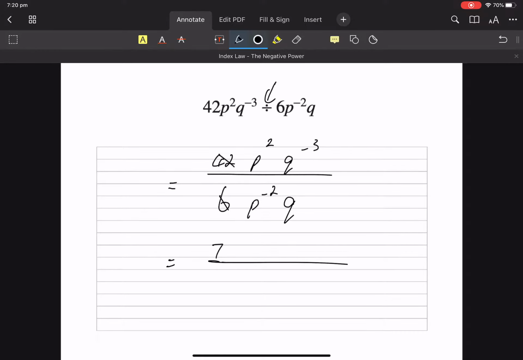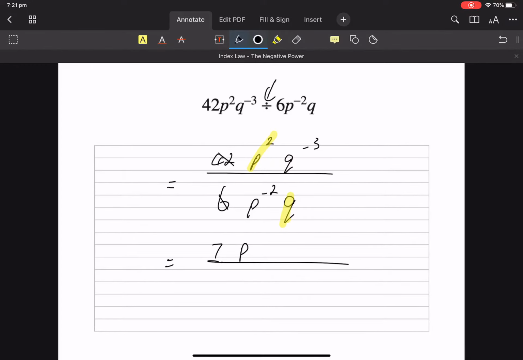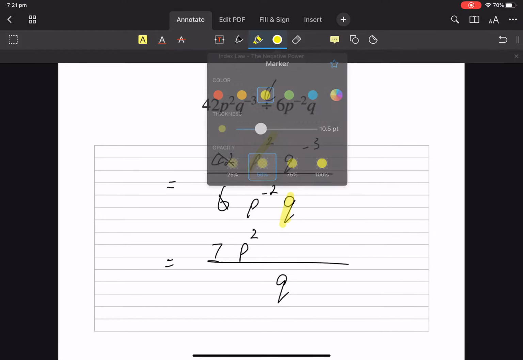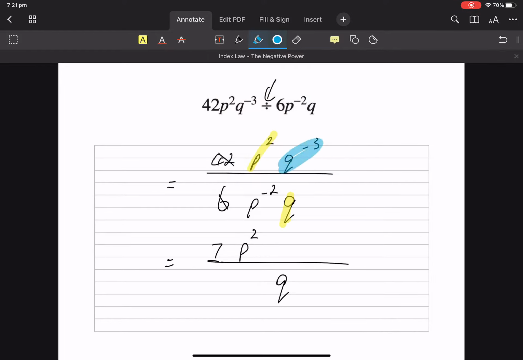Let's just write the letters in that aren't changing. They don't have any negative powers, so I'm just going to leave them there. But that has a negative power, so it goes to the bottom. So when I write it, it goes to the bottom.